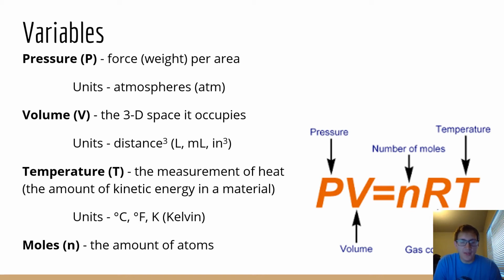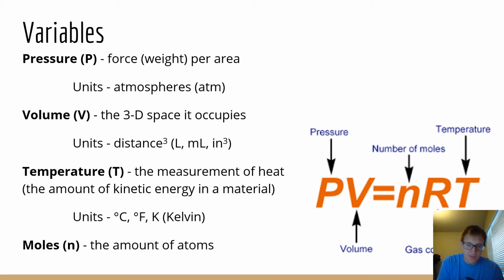Now, one thing you're going to need to know is when I change one variable, what happens to the others. So let's do an example. On the left side of the equation, we have pressure times volume. On the right side, all you have to worry about is number of moles and temperature, because the gas constant is always the same.